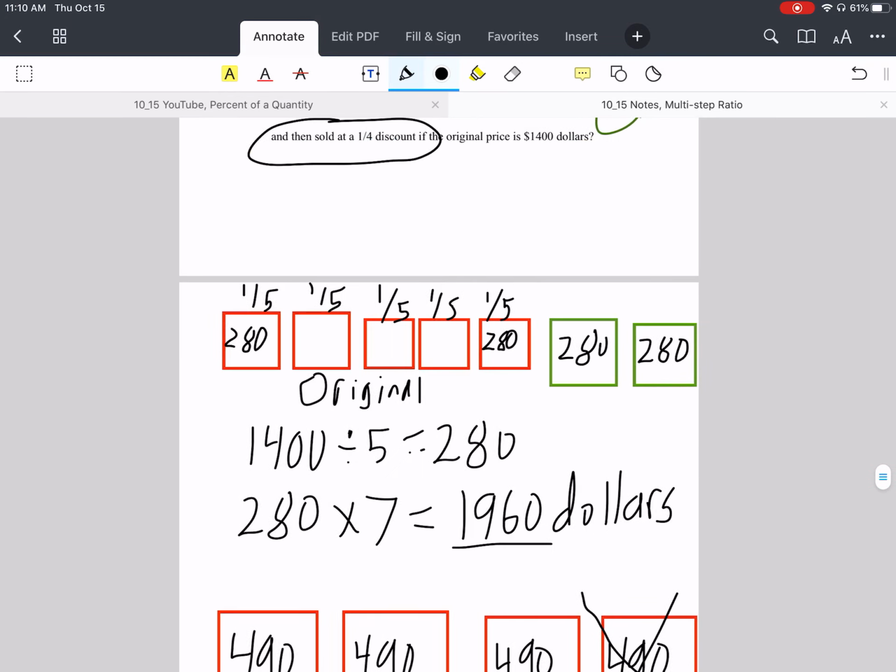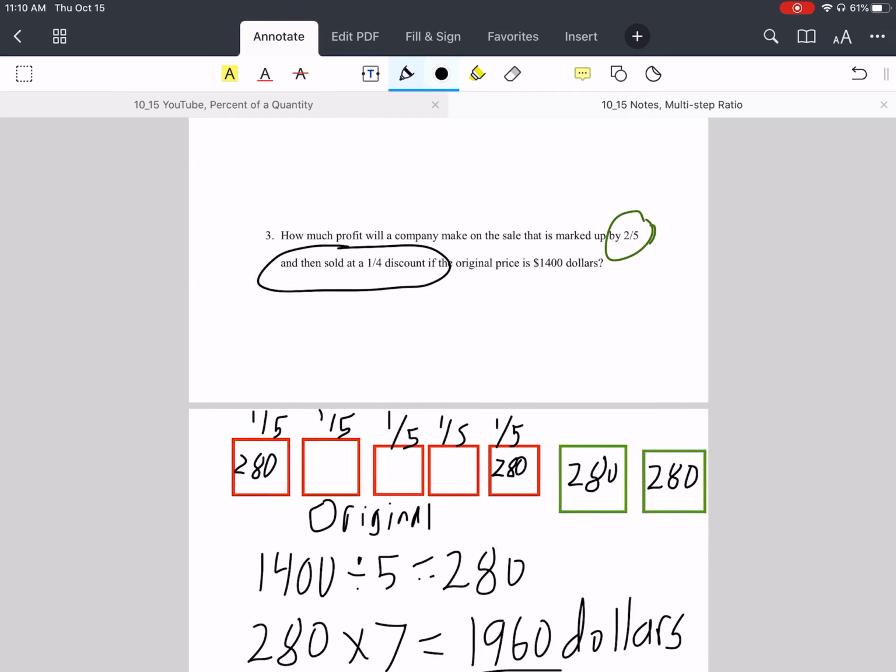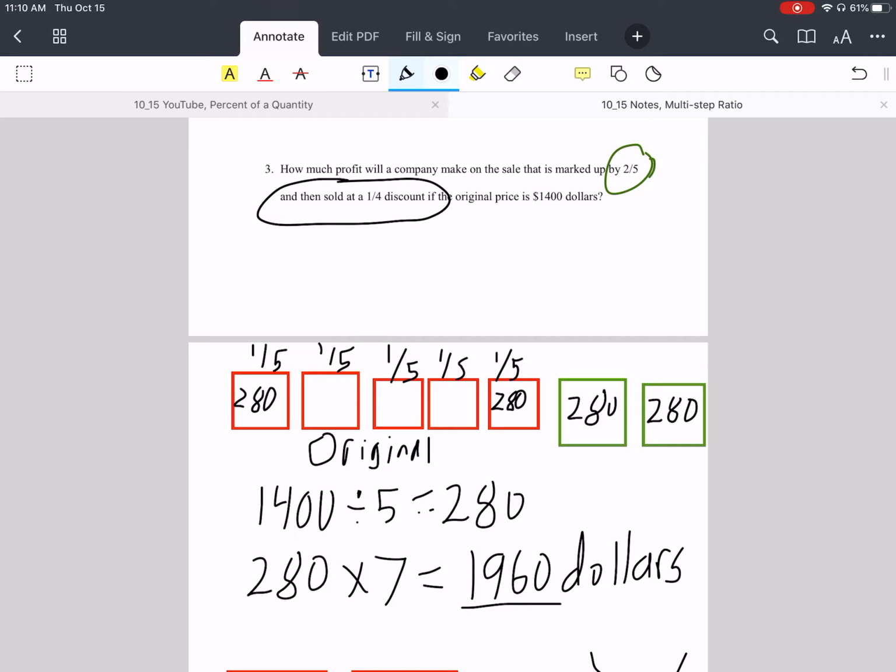I'm going to scroll back up to look at the question. It says, how much profit will a company make on a sale that is marked up by 2/5 and then sold at a 1/4 discount if the original price is $1,400? So we started at $1,400. When we marked it up by 2/5, we got to $1,960.